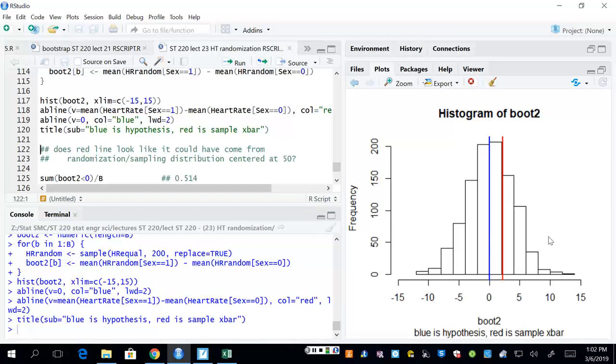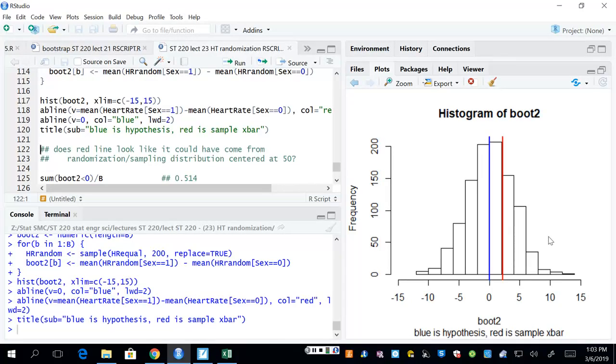So does that X bar difference, the red one, look particularly unusual under this distribution? No, it's practically in the middle. It's not out in the tails as representing an extreme allocation among men versus women. It's not in the lower one, which would imply the other direction. It's pretty close here in the middle.